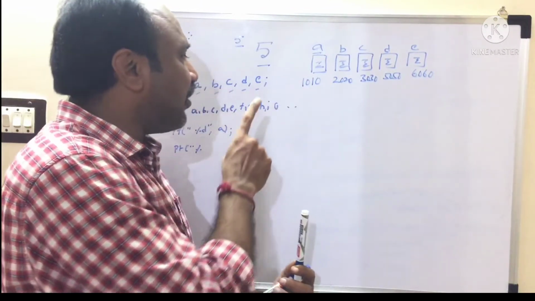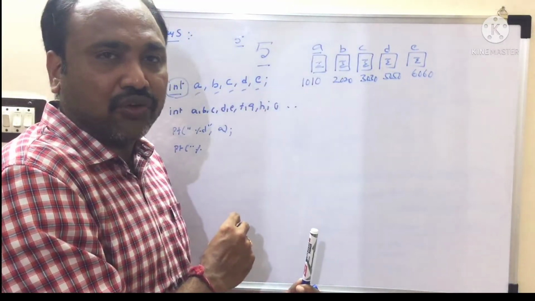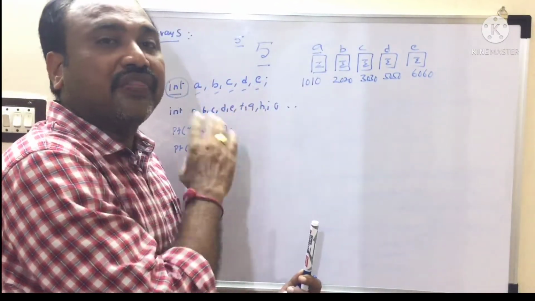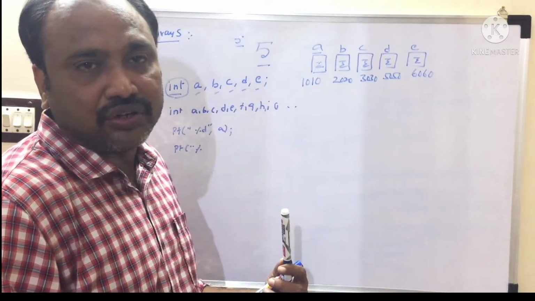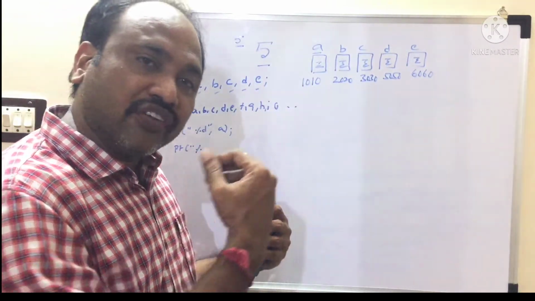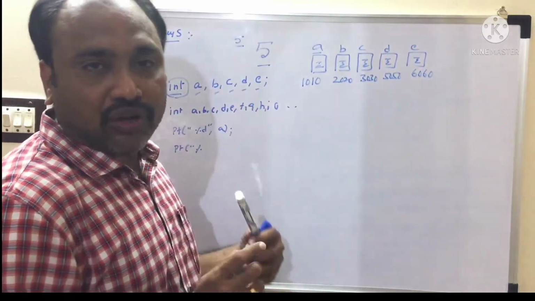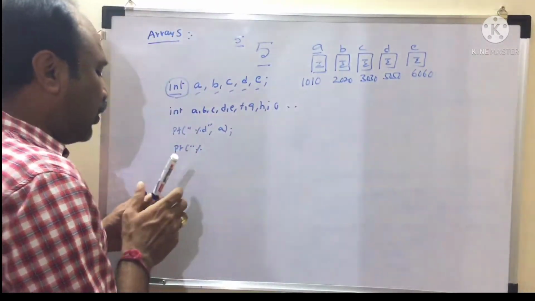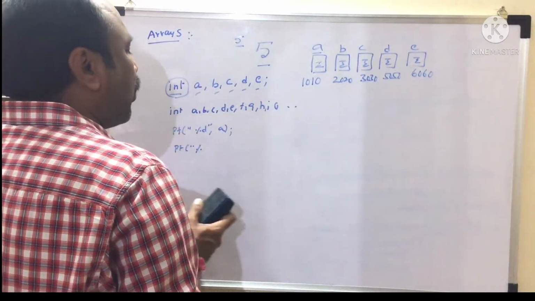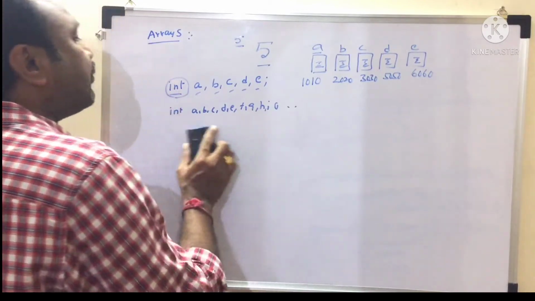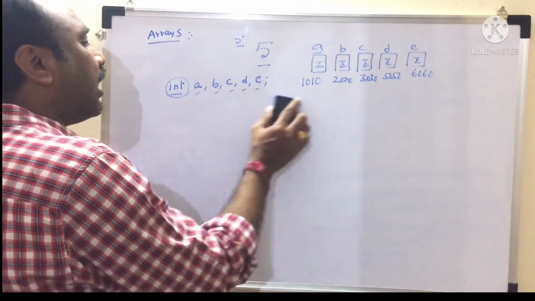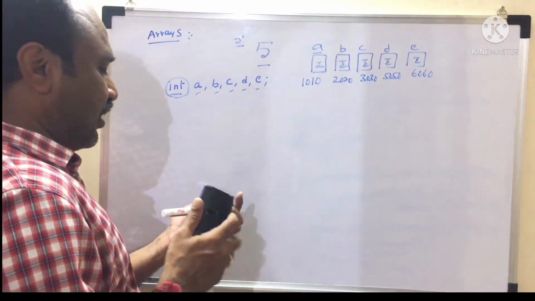The same way, if I use different normal variables, then all these variables are stored at different addresses in different locations. If I use the arrays concept, what is the advantage I have? For example, now I have to use 5 integer values.